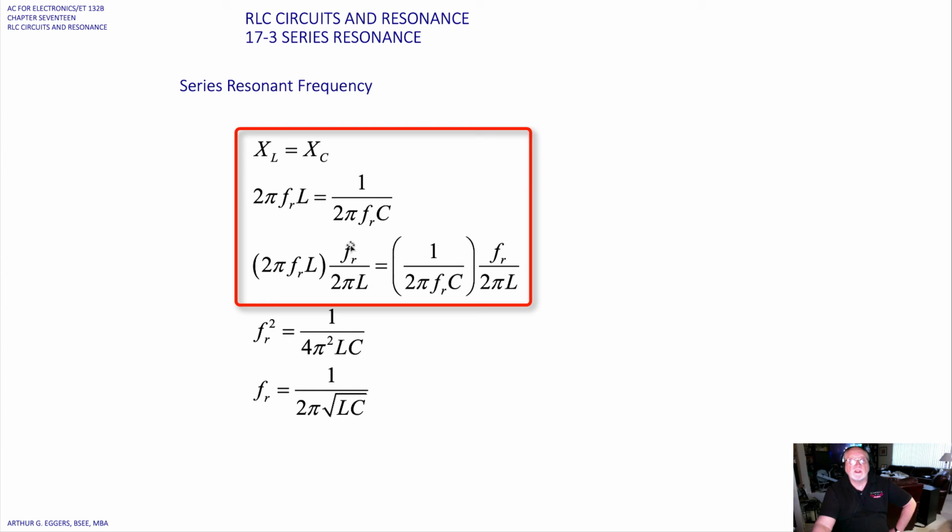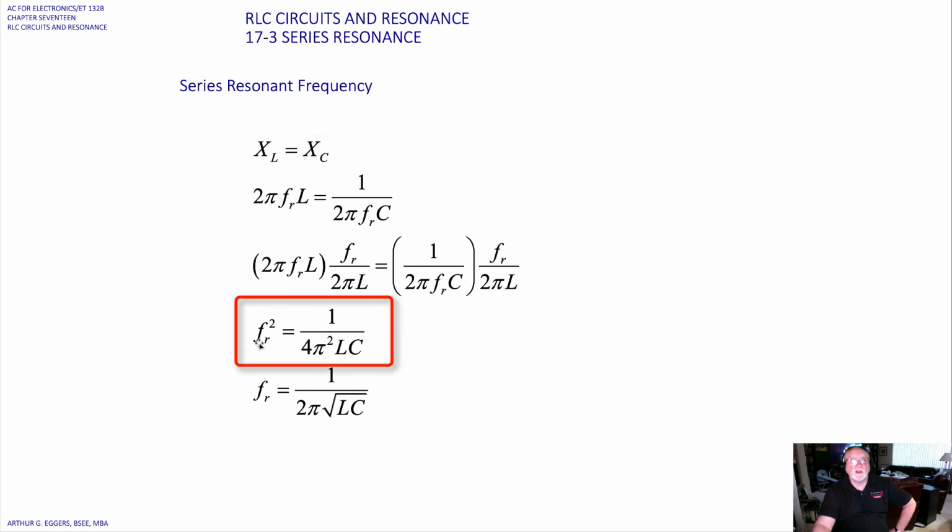So in this case, we're going to multiply through by f sub R 2 pi L, and we get a value of the frequency at resonance squared is equal to 1 over 4 pi squared L times C. Take the square root of both sides, we end up with the resonant frequency is equal to 1 over 2 pi times the square root of LC.